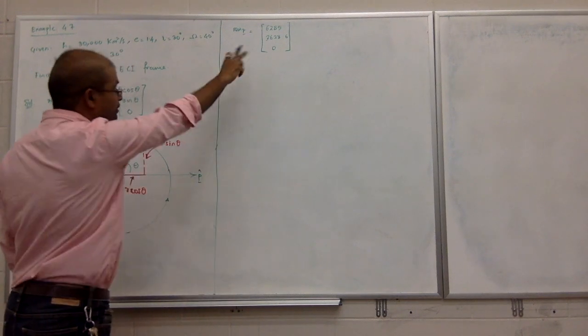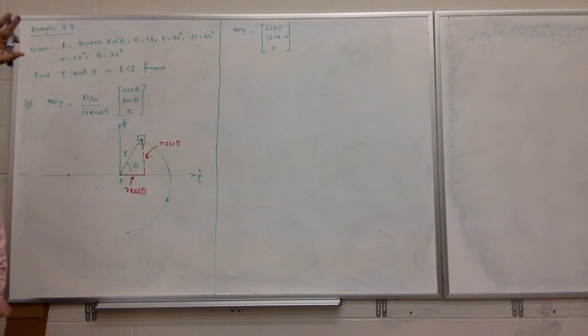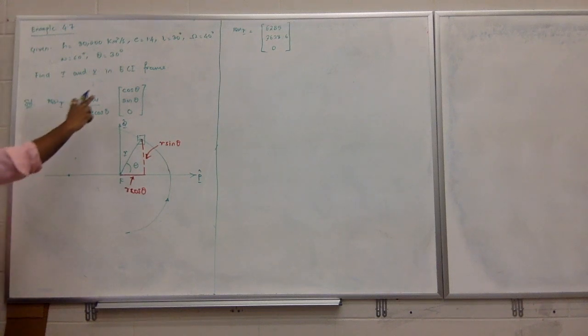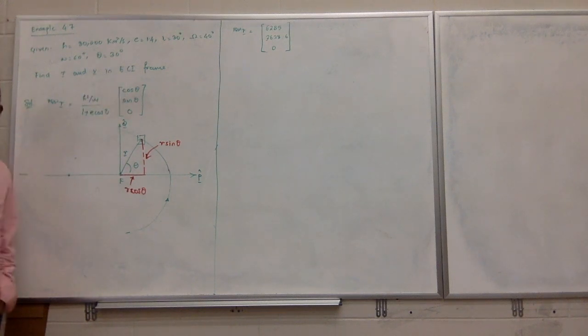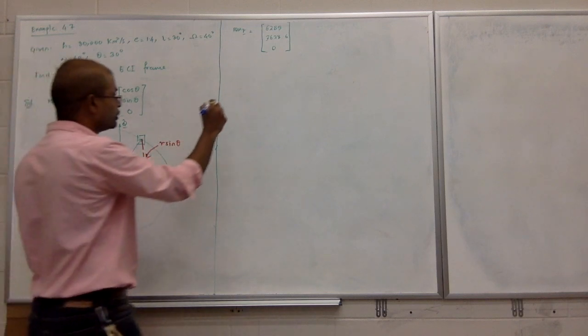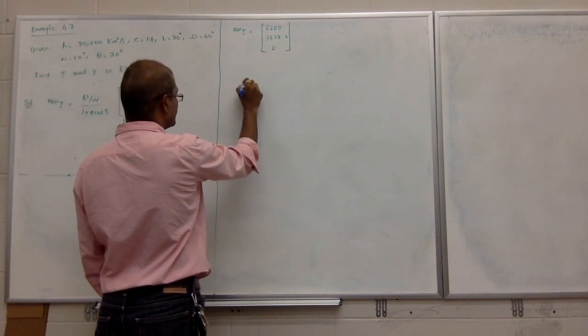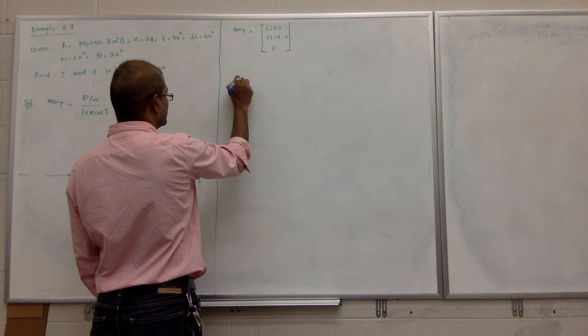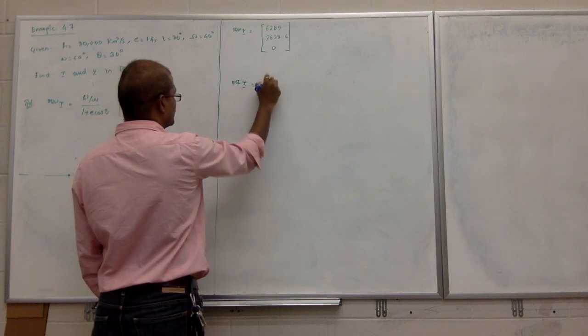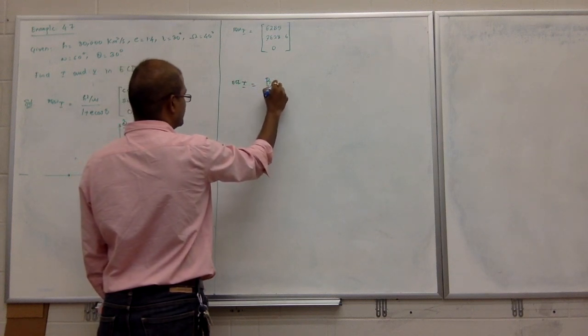So you get this, you can calculate this, right? But what is asked of you? It's ECI, right? So you need to write this; by now you know this.